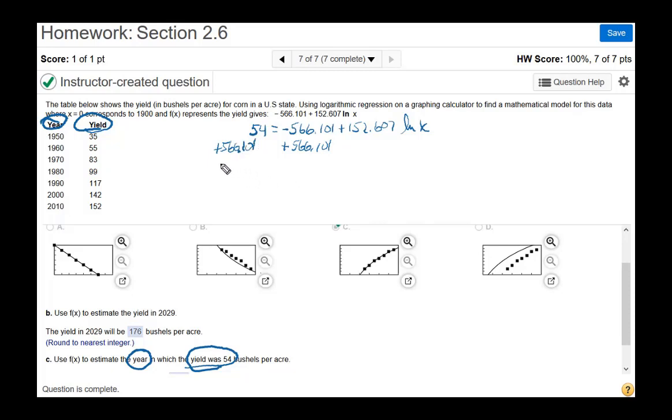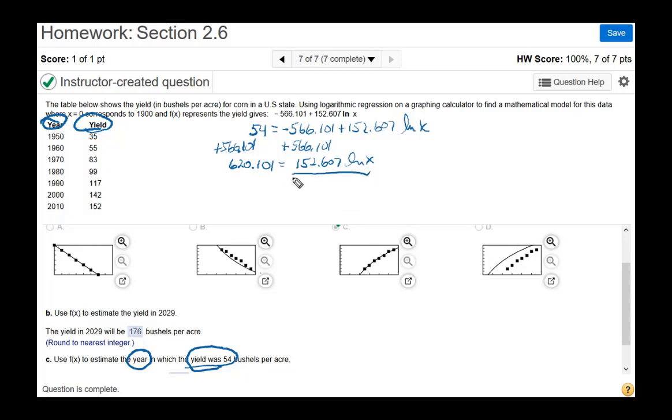On the left-hand side, we would come out with a 620.101. And on the right, we would have the 152.607 ln x.